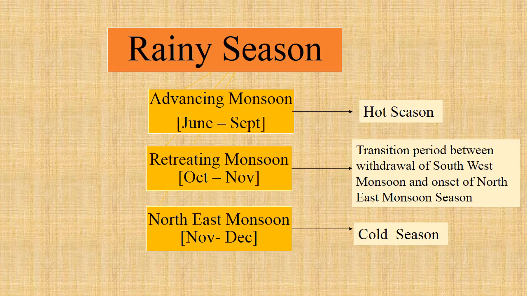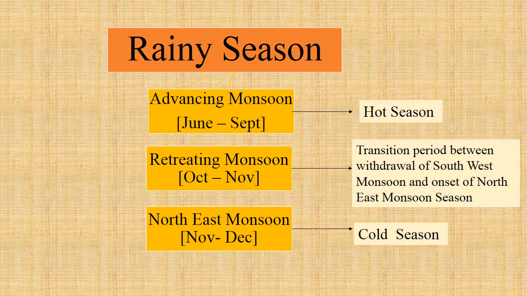The rainy season is divided into advancing monsoon, June to September, retreating monsoon, October to November, and northeast monsoon, November to December. The advancing monsoon follows the hot summer season. We call it the onset of southwest monsoon winds. What is retreating monsoon?